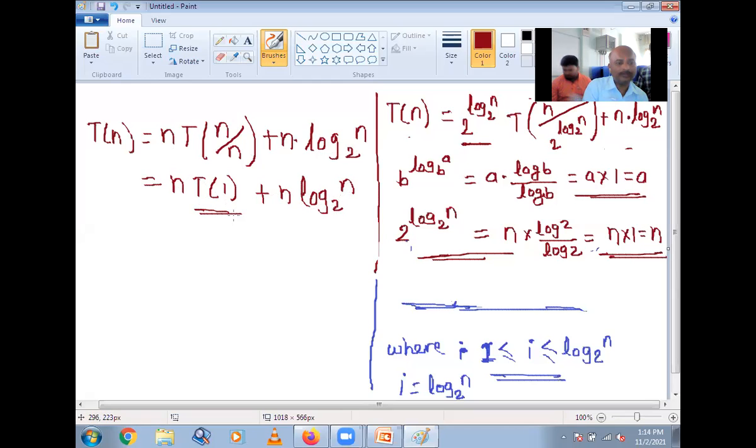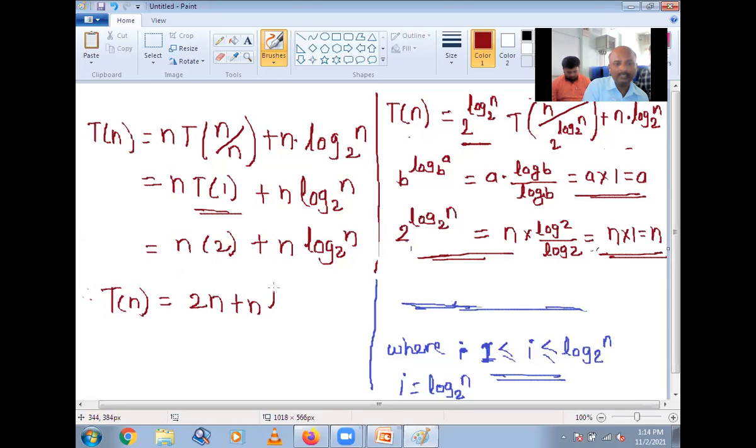And here T of 1 is given, that is T of 1 is equal to 2. So n into 2 plus n log n, and therefore the time complexity of the given problem is 2n plus n log n. This is the final answer.